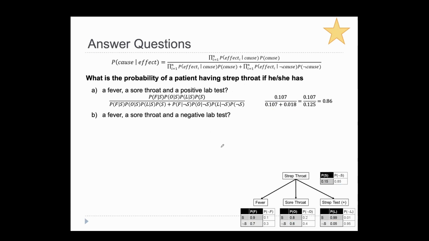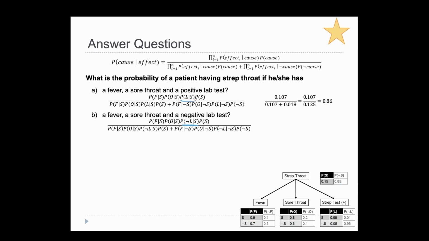How about this one? When the patient has fever, sore throat, and a negative lab test, everything will be similar to before. Only in this case, it will be probability of negative lab test instead of probability of lab test.